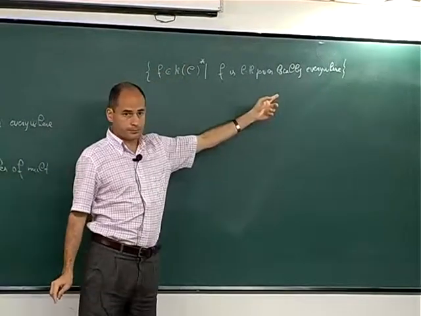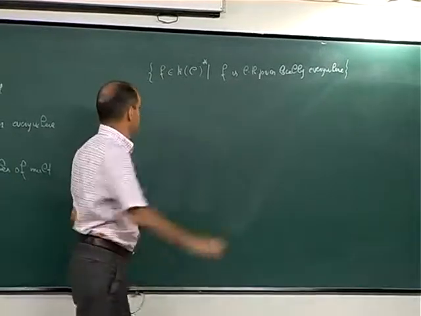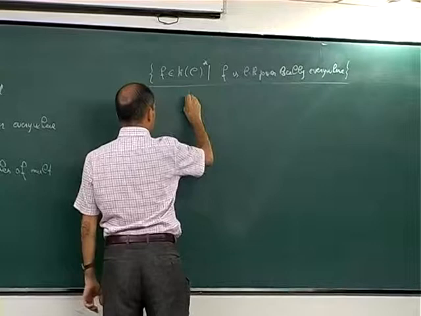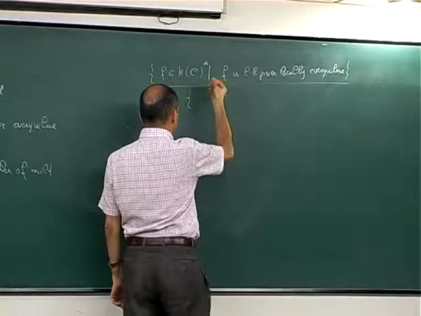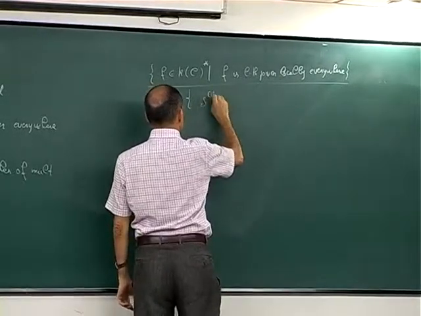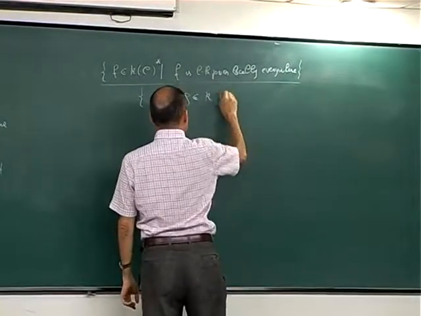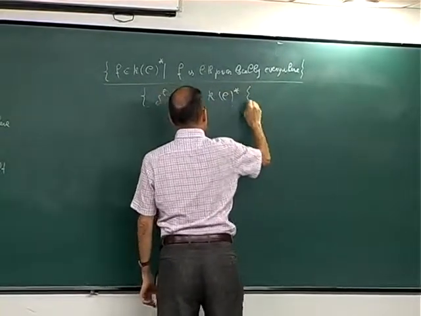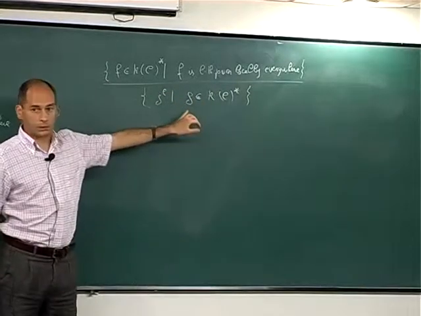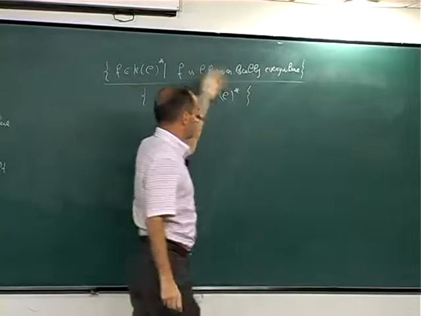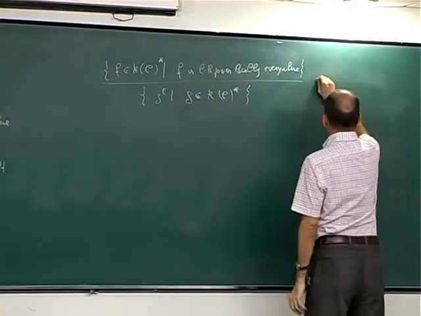This is a group, taken modulo the subgroup of functions of the form g to the L, with g in K(C) star. So modulo those who are globally L-th powers, and this is a finite group.